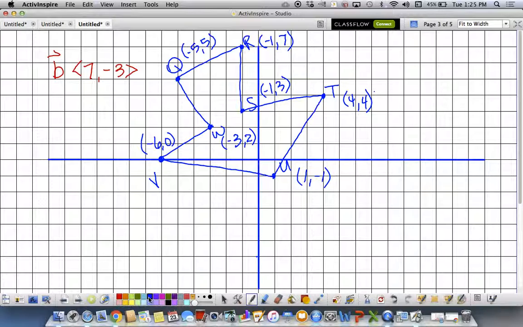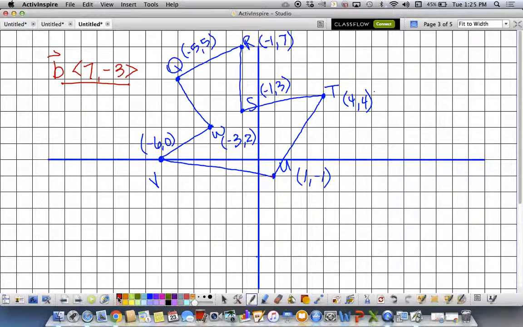Wait, why is it? I'm stupid. But what are we supposed to do once we got it? You're supposed to graph it, then translate it, draw the vectors, 7, negative 3. So I personally would start at the bottom.